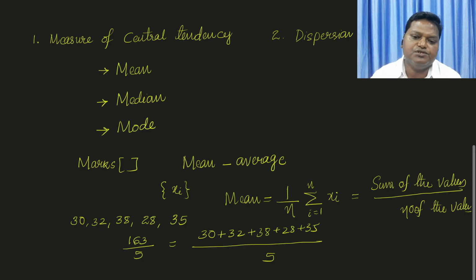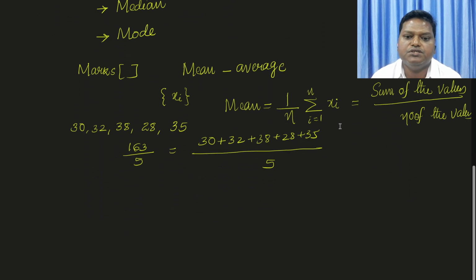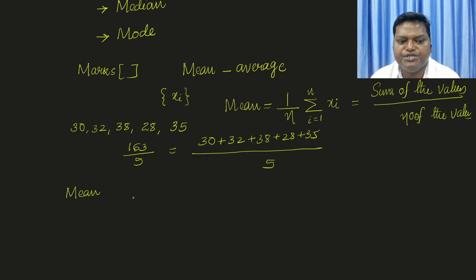So mean tells us the value of that data set. If I know the mean, I can comprehend what the values are, because all the values will be dispersed around the mean. And sometimes each value will have some weightage, like frequency, and when we take the weightage into account, we call that the weighted mean.